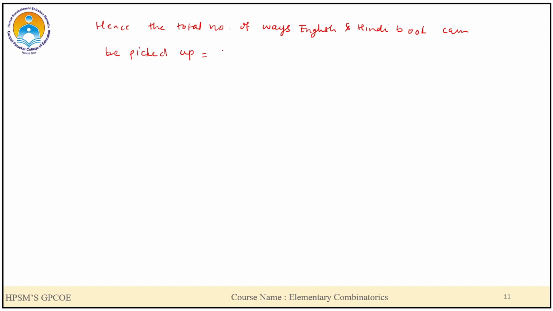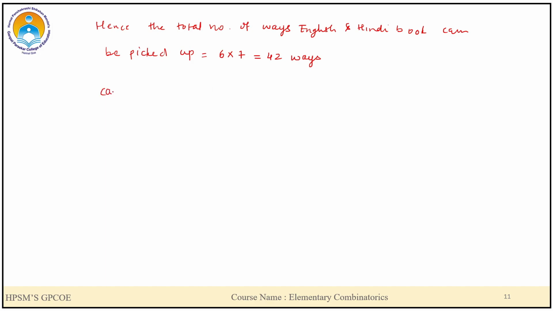So hence the total number of ways English and Hindi book can be picked is equal to 6 into 7, which is equal to 42 ways. So you can make total 42 unordered pairs of English and Hindi.